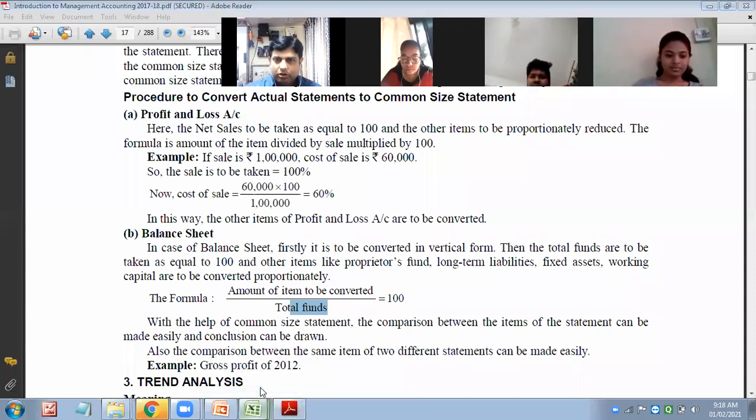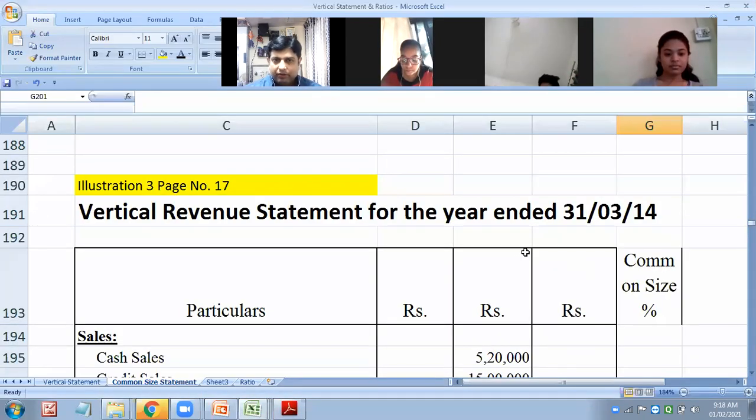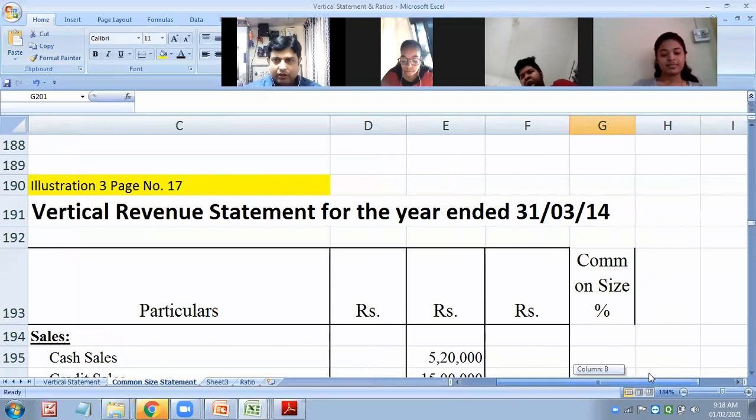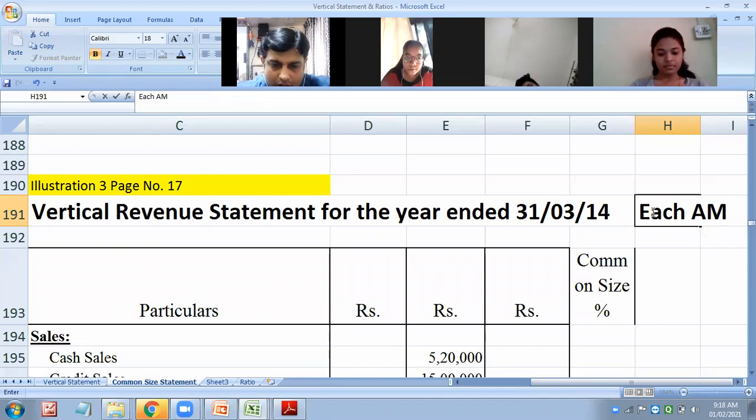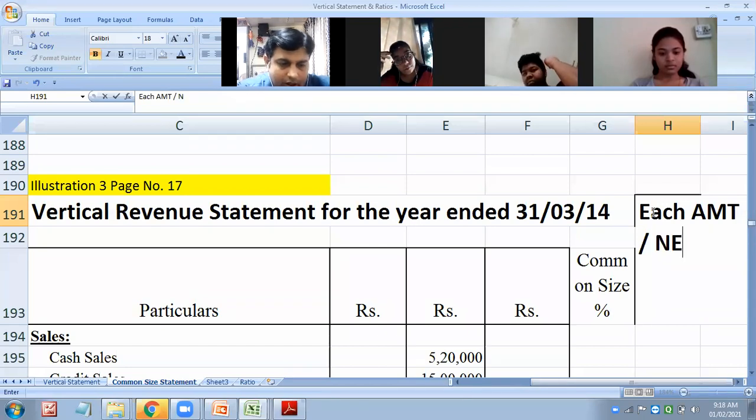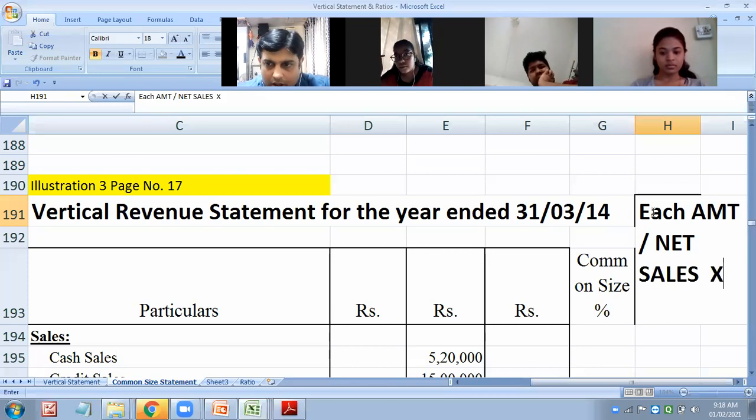Okay. So what you need to do for the revenue income statement, how will you get the common size? Very simple. Each amount divided by net sales into 100.